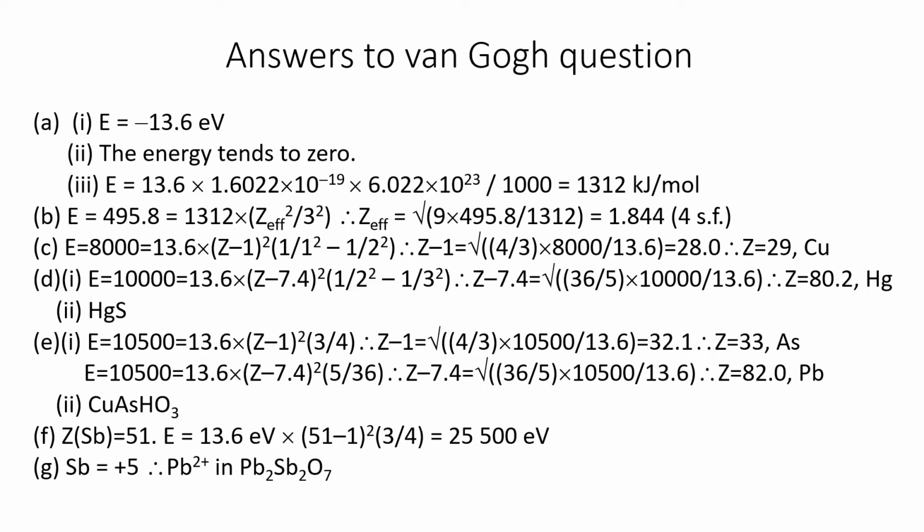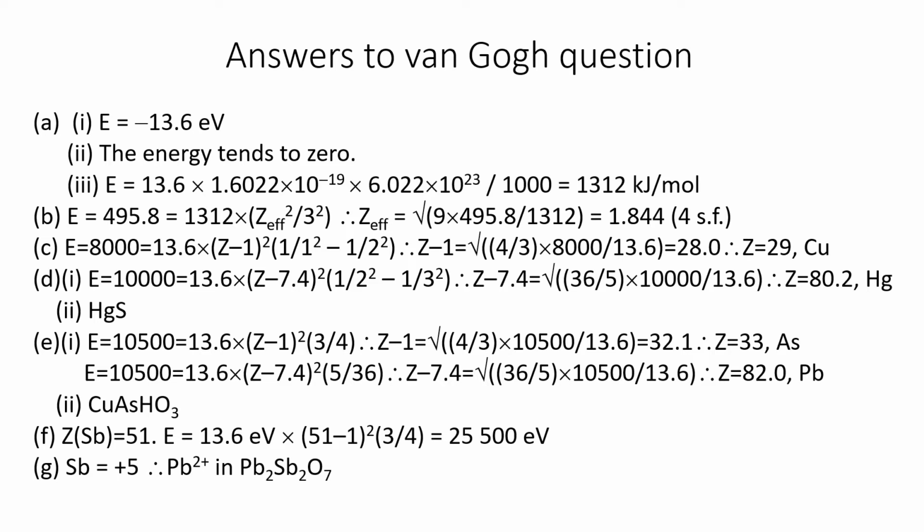So we've looked at parts A and B already. Looking at part C now, you can see we've substituted the energy, 8,000 electron volts, into the equation. We've substituted 13.6 in for the Rydberg. We've substituted S equals 1 into the effective nuclear charge, so it's Z minus 1.